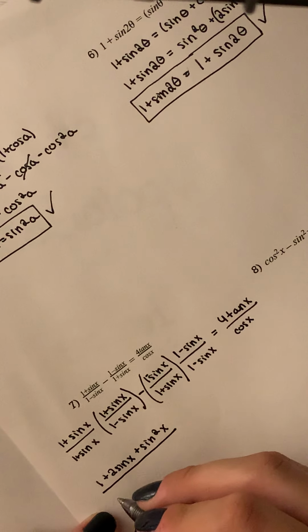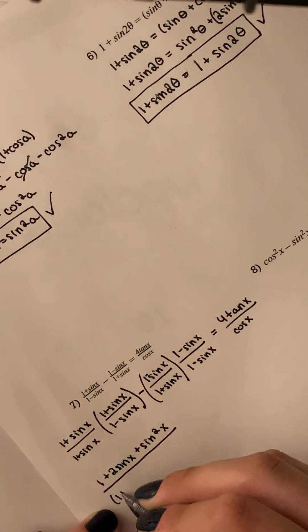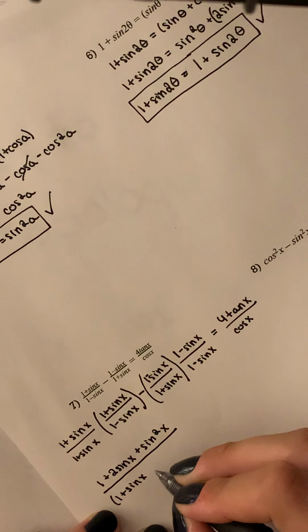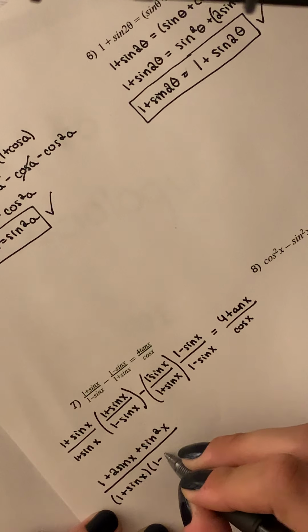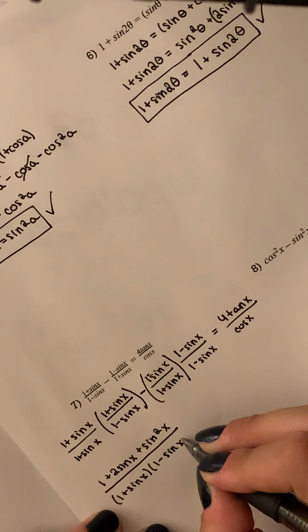Our denominator will be 1 plus sine x times 1 minus sine x.